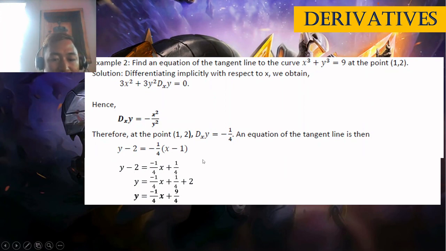Na minus 2 man i-transfer sa pikas ma-plus 2 dara. Okay, 1/4 plus 2 is 9 over 4. Okay, this is 8 plus 1 over 4. So mao siyang 9 over 4. So dara. y is equal to negative 1/4 x plus 9 over 4. This is now class our equation of the tangent line. So linear class atong tangent line.